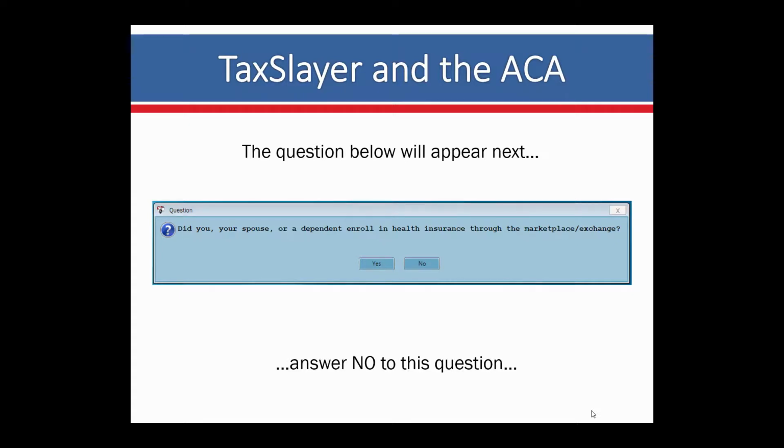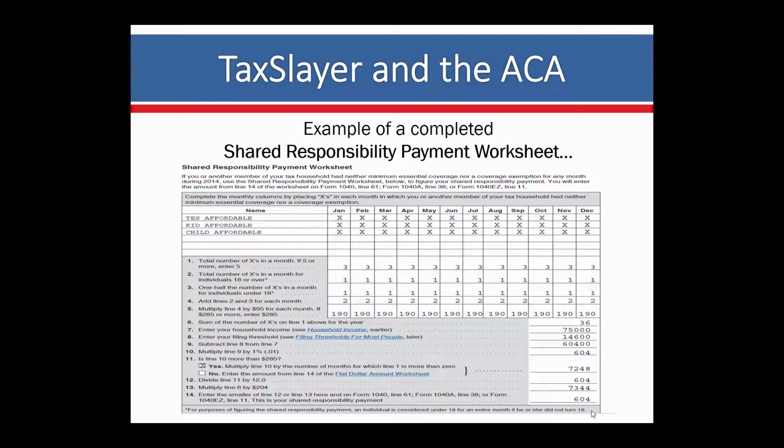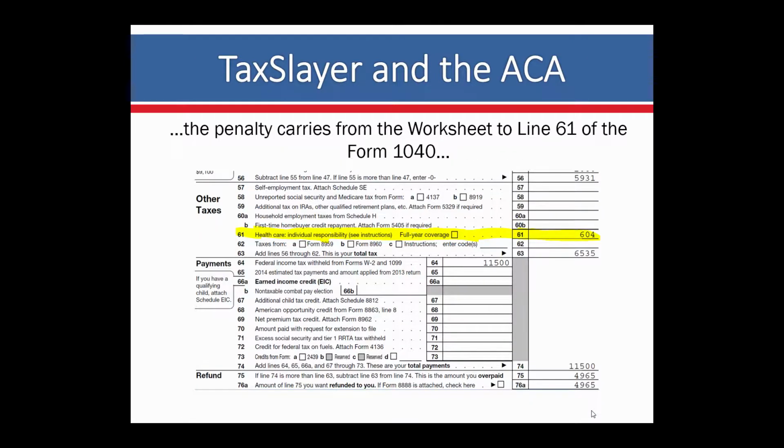No. The taxpayer reports a penalty, and the penalty is calculated automatically by the software on the Shared Responsibility Payment Worksheet. Here's an example of a completed Shared Responsibility Payment Worksheet, what it might look like. The penalty then carries from the worksheet to line 61 of the 1040.